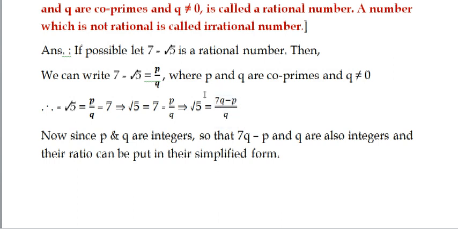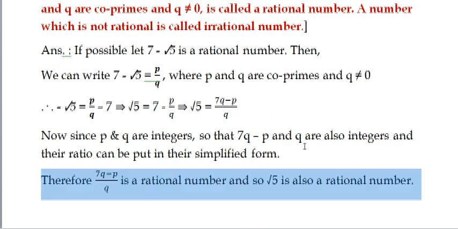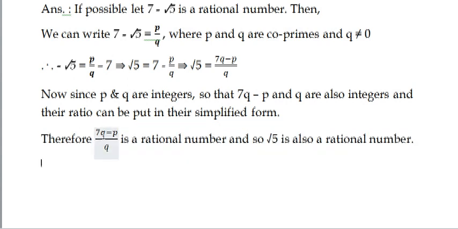Suppose we are not getting numerator and denominator as co-primes, we put them in simplified form, and then they will be co-primes and in the form p by q. Therefore this is a rational number, and so root 5 is a rational number.